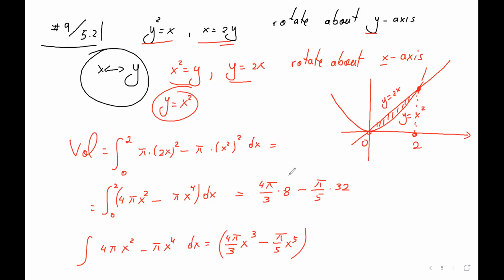So 32 pi over 3 minus, let's factor out the 32 and pi, it's going to be 1/3 minus 1/5. And this number is 5 minus 3, 2 over 15, so it's 64 pi over 15. So this is going to be the final answer.